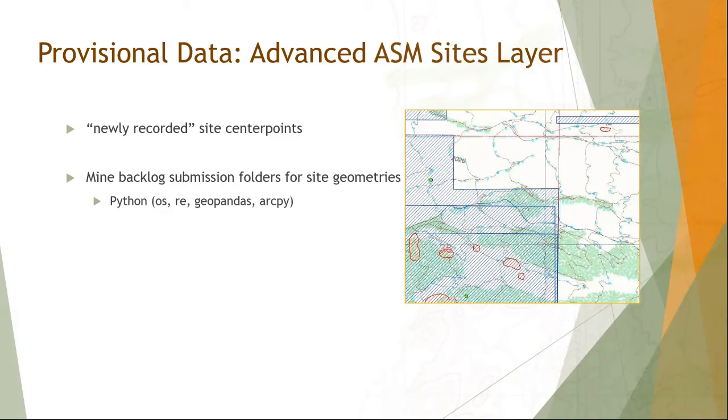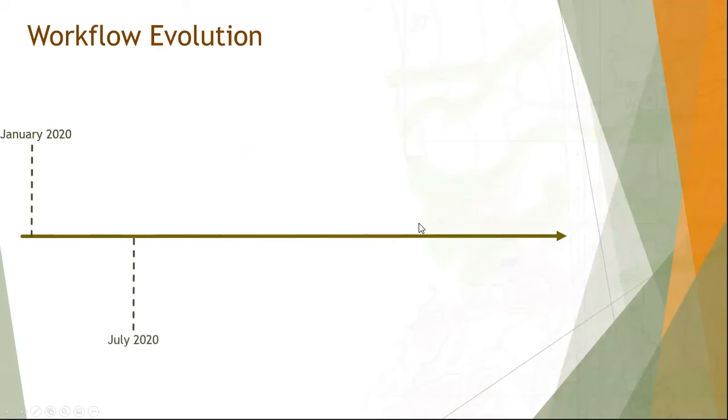And then using ArcPy to calculate an interior center point for those, because there were a large number of these backlog sites where the center points had not been submitted originally. There was also some manual processing for the paper records or submissions without geometries, where we went in and digitized points by hand. That was an effort we undertook in the spring of 2020.